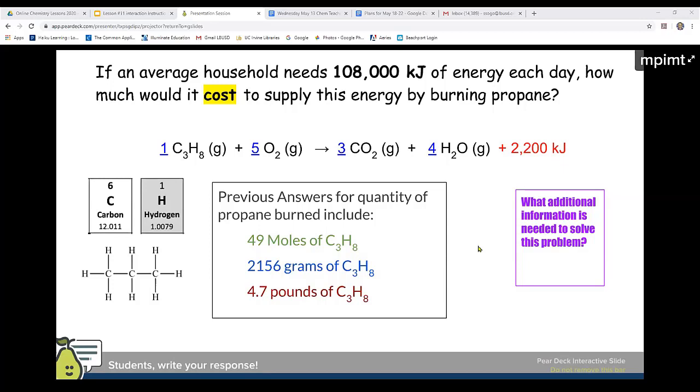So things you write in words can be conversion factors. And some people in their responses are using the word per. And whenever you see per, P-E-R, that's a conversion factor. It's relating two different units of measurement.